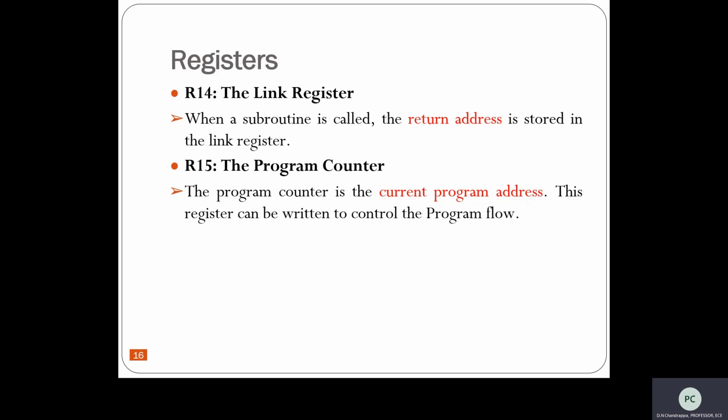Now next, another set of registers is available, called special purpose registers. What exactly is the difference between general purpose registers and special purpose registers? General purpose registers are more flexible. They support all general applications. But special purpose registers are not like that.